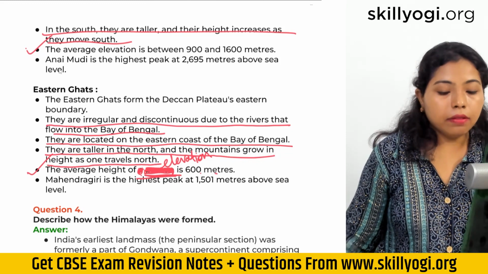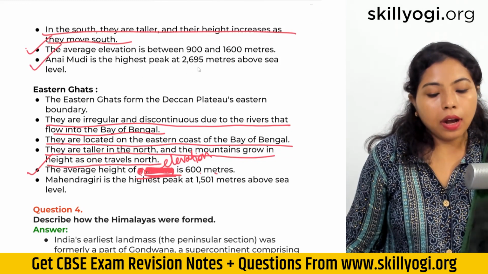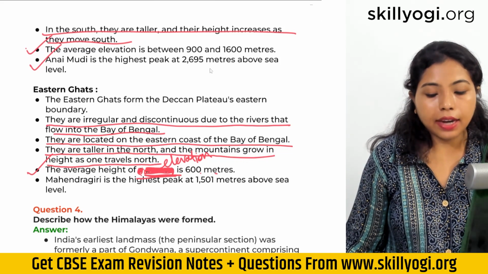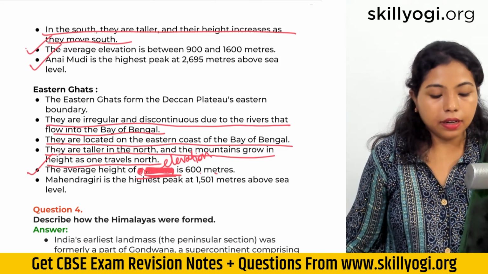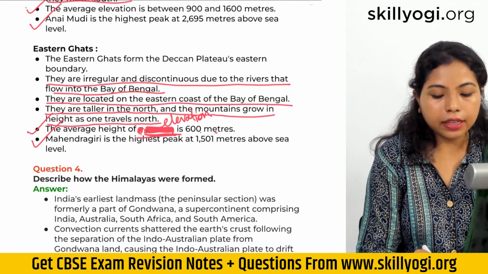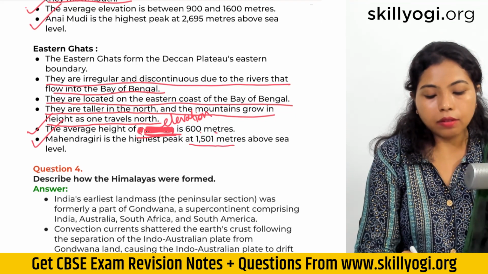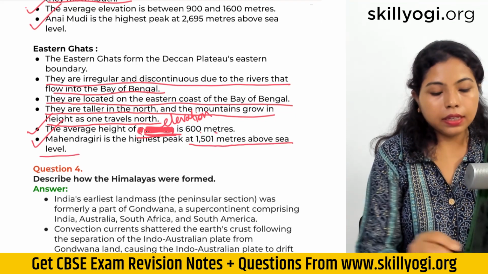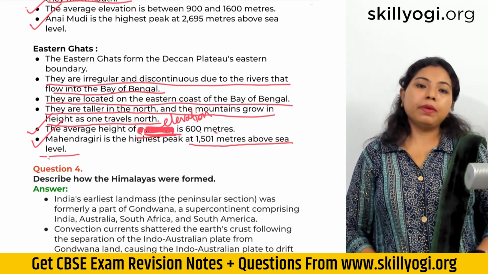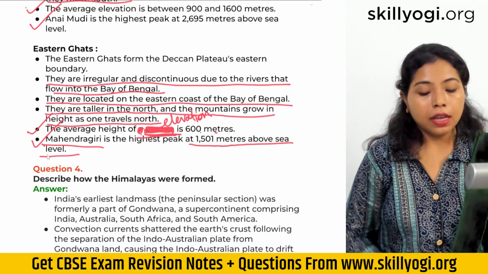Then, in the Western Ghat, Anaimudi is the highest peak at 2695 meters above sea level. And in the Eastern Ghats, Mahendragiri is the highest peak at 1501 meters above sea level. So Anaimudi is the highest peak of the Western Ghat, and Mahendragiri is the highest peak of the Eastern Ghat.